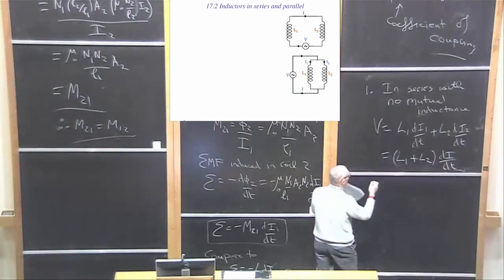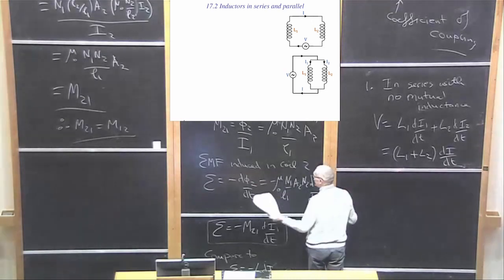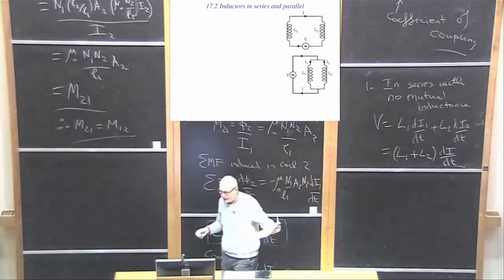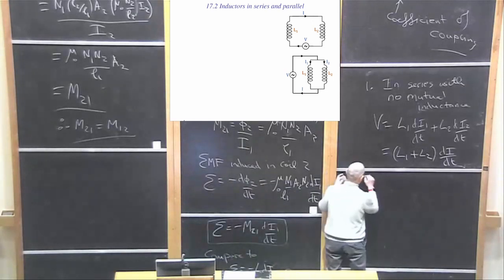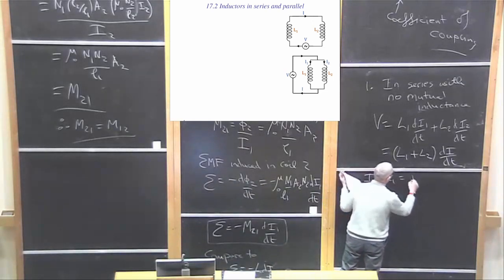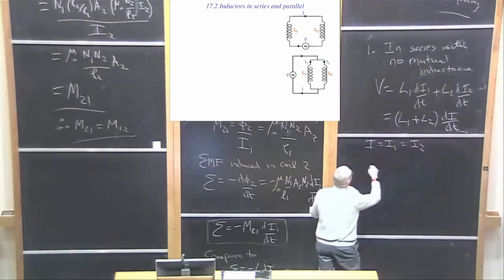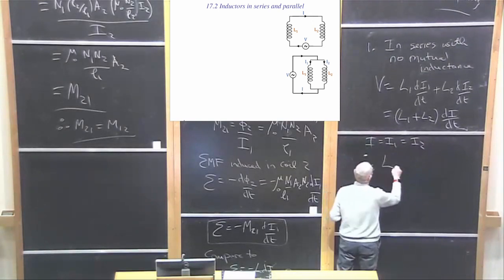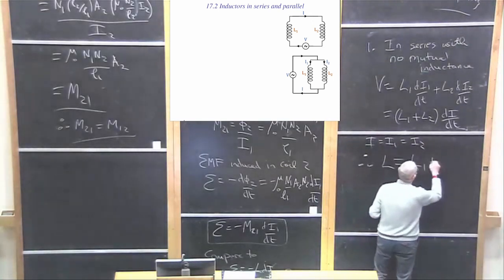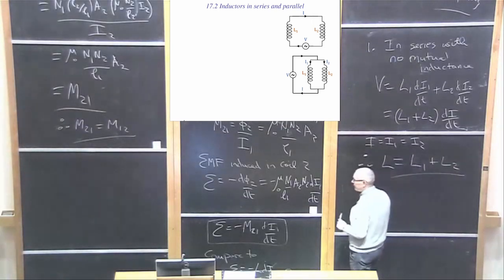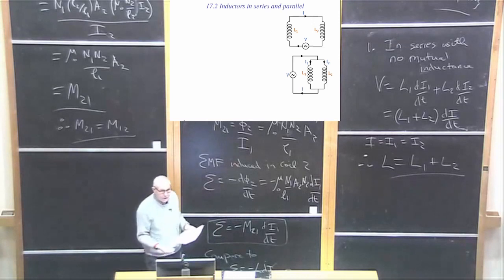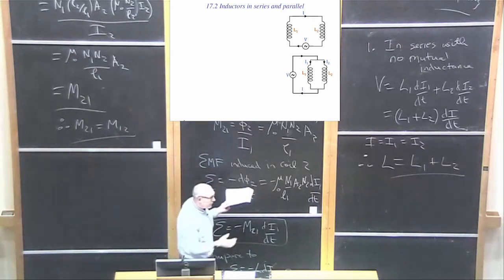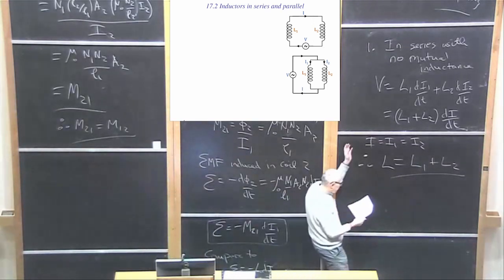Because I1 is I2 is I in series. So therefore, the total self-inductance is just the sum of the individual self-inductances. Okay, you'll have seen that before.